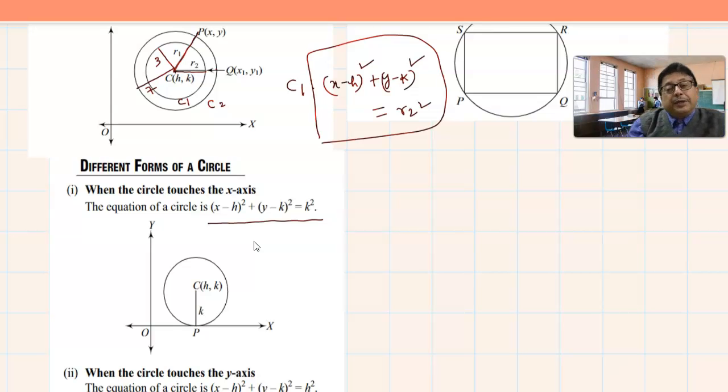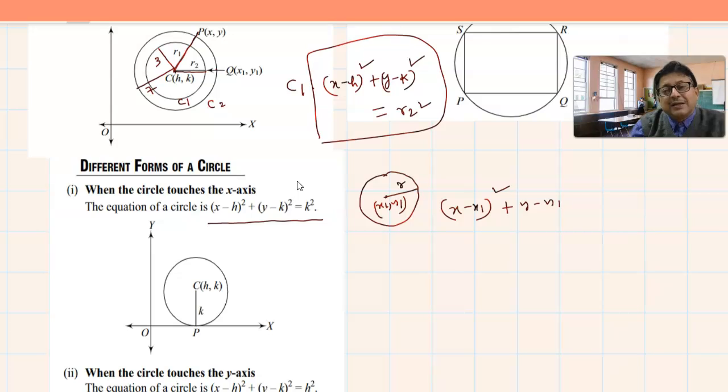Why? Let me remind you again: the equation of a circle whose center is (x1, y1) and radius is r is given by (x minus x1) whole square plus (y minus y1) whole square equal to r square.